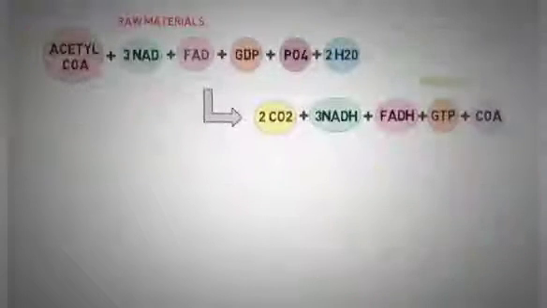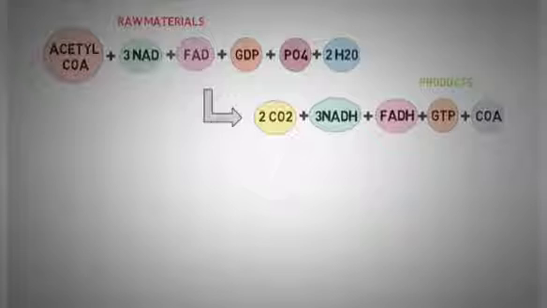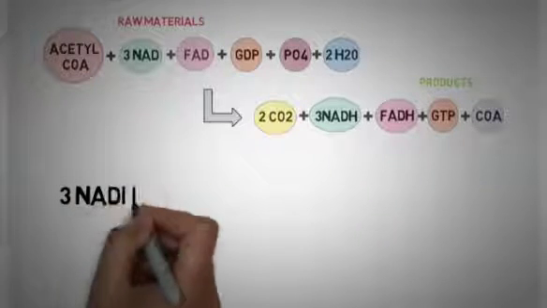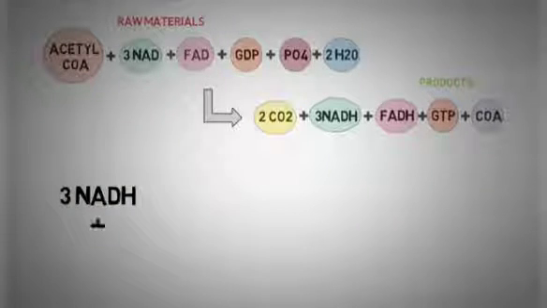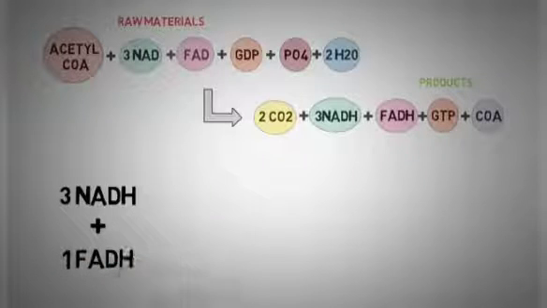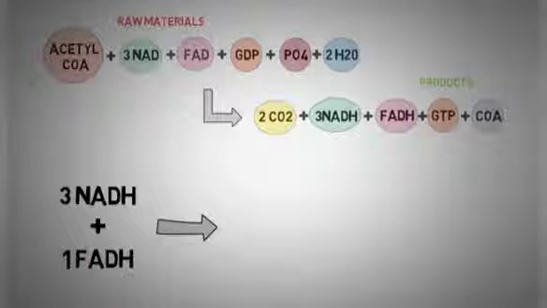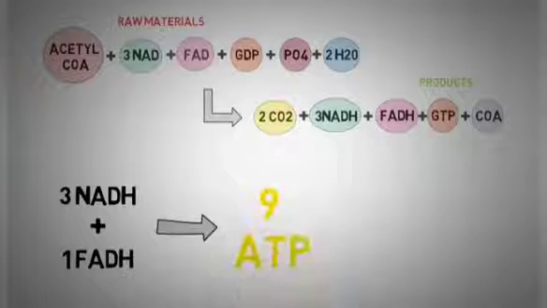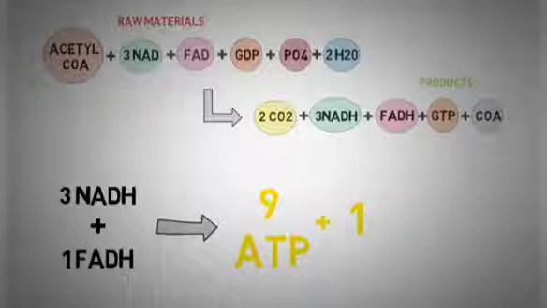Like we discussed in the summary, 3 NADH are produced through one turn of the Krebs cycle and 1 FADH. So 3 NADH and 1 FADH produce 9 ATPs in total in the electron transport chain. Plus we also have 1 ATP that is directly produced in the Krebs cycle.